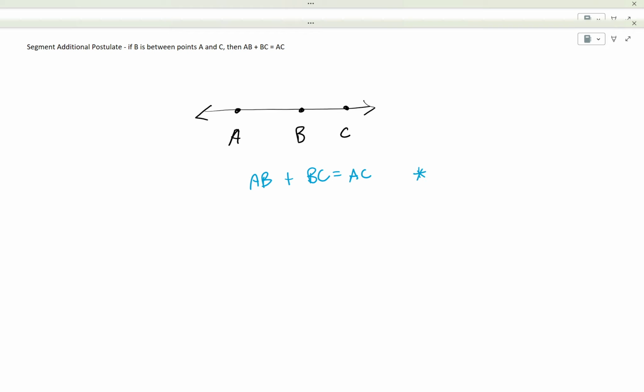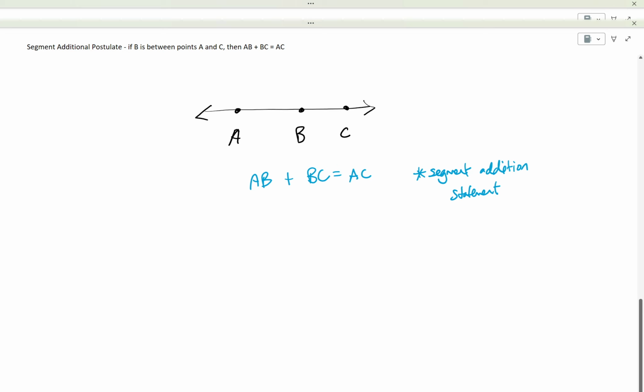This is what I also refer to as our segment addition statement. This statement right here. Okay. A statement, gentlemen, is something that is definitely true or definitely false. It's not just an expression, which is just maybe one snippet. For example, AB plus BC would just be an expression, just something we would say, right?